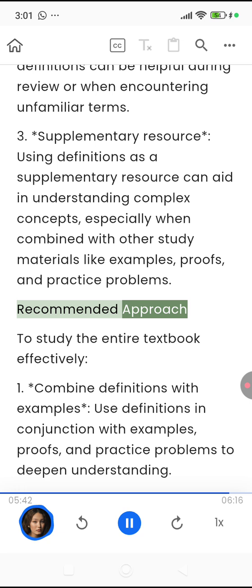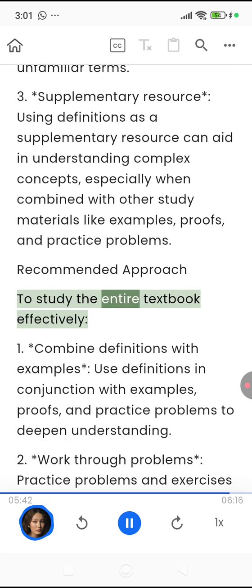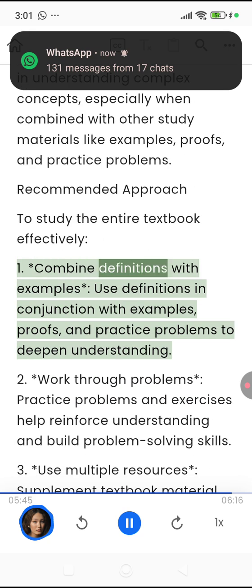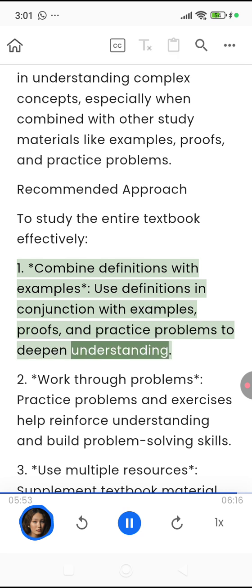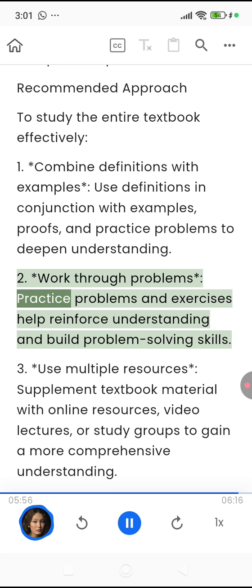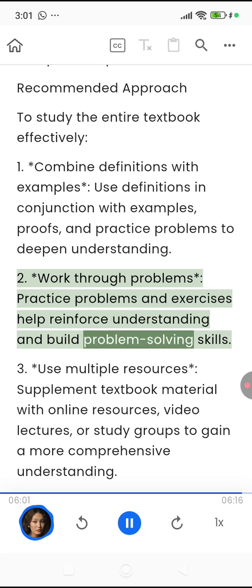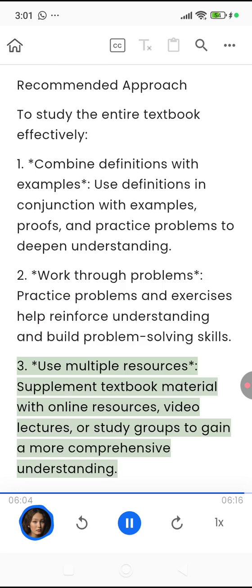Recommended approach. To study the entire textbook effectively. 1. Combine definitions with examples. Use definitions in conjunction with examples, proofs, and practice problems to deepen understanding. 2. Work through problems. Practice problems and exercises help reinforce understanding and build problem-solving skills. 3.